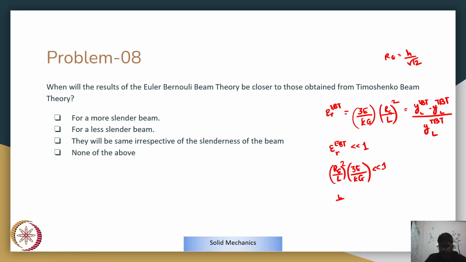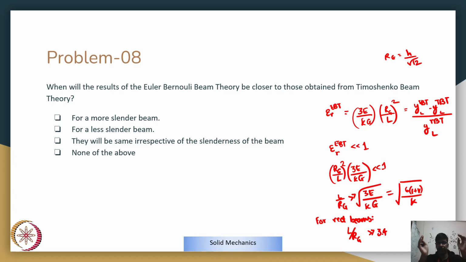So we get L by rg greater or equal to root of 3E by kG. Once you put G equal to E upon 2 times (1 plus nu), with nu as the Poisson ratio for an isotropic material, this relation turns out to be 6 times (1 plus nu) upon kappa for rectangular beams. This essentially means, with shear correction factor k equal to 2 by 3, that L by rg has to be greater or equal to 3.4.